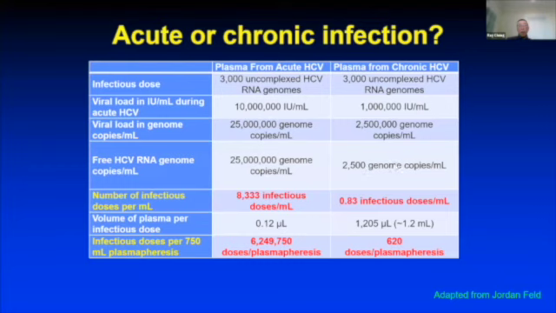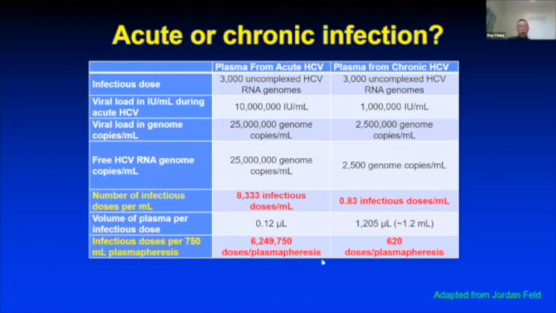And so, using an estimate of a 3-log reduction only yields 2,500 genome copies per milliliter, resulting then in nearly 10,000 infectious doses per milliliter in the acute inoculum, as compared to about 1 infectious dose per milliliter in a chronic inoculum, thereby increasing the plasma requirement per infectious dose dramatically, from about 0.12 microliter to just over a milliliter.